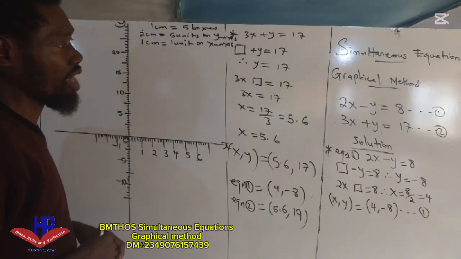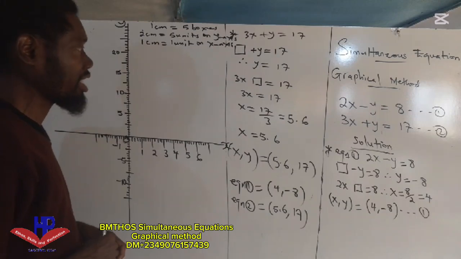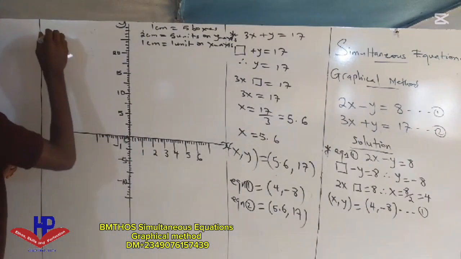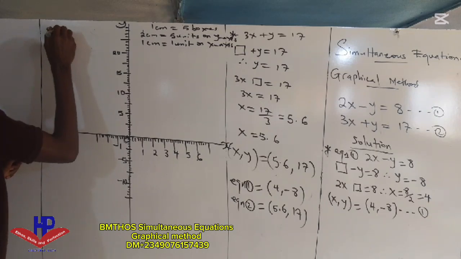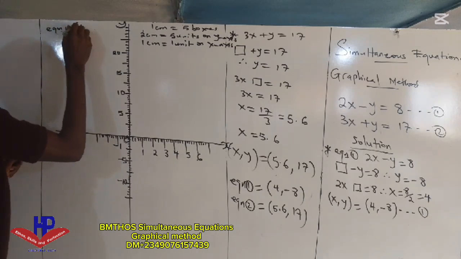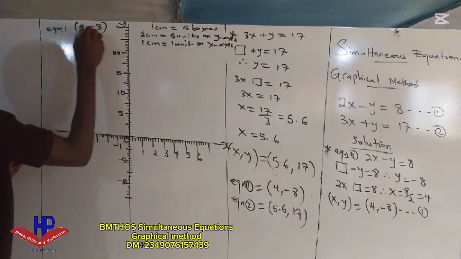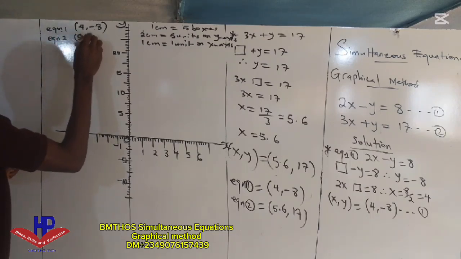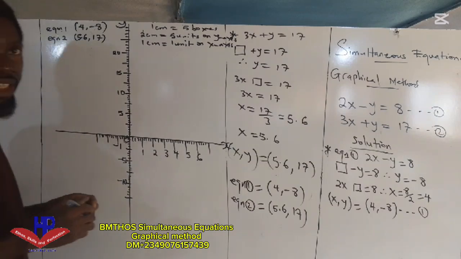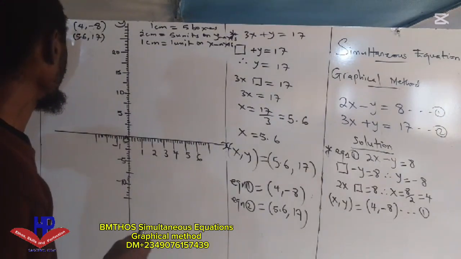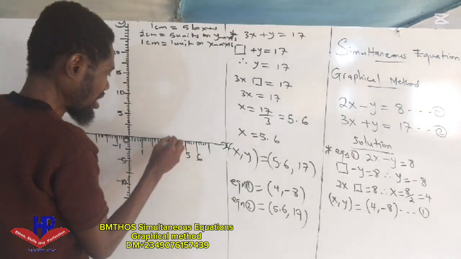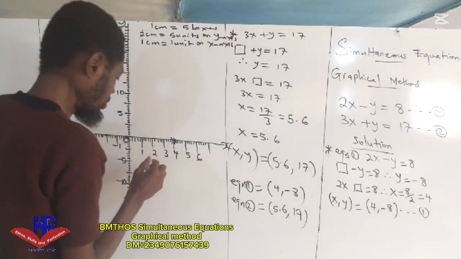Equation 1 is 2x minus y is equal to 8, and the coordinates of that equation are 4, minus 8. Equation 2 coordinates are 5.6 and 17. So let's start. Equation 1, x is 4. You go to where x is 4 and use asterisk there, or you can use circle dot.